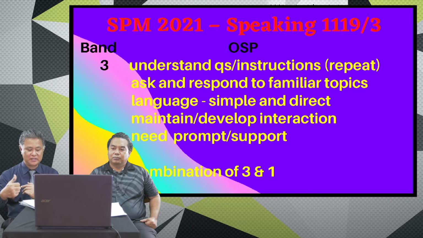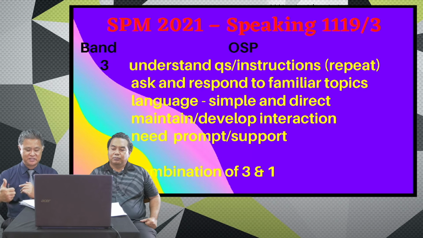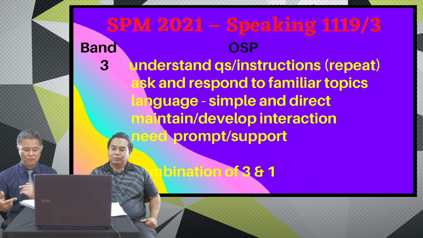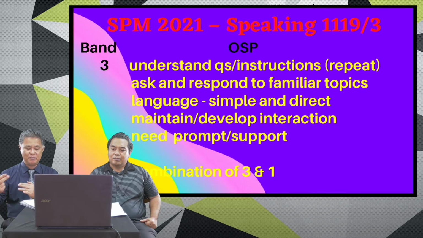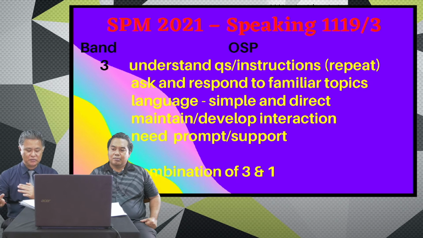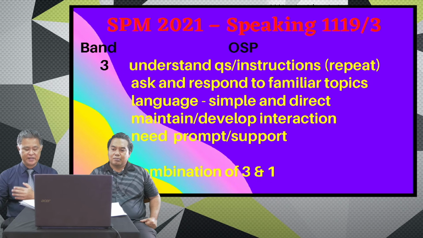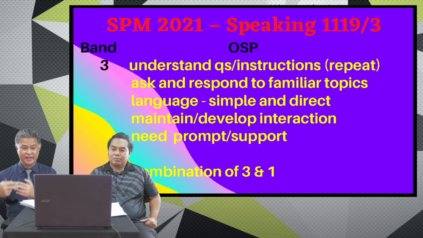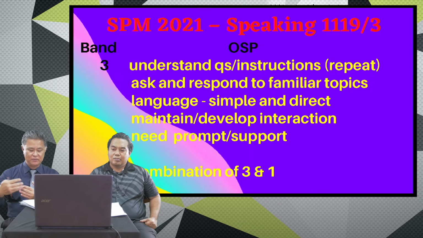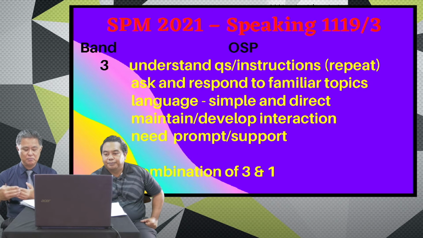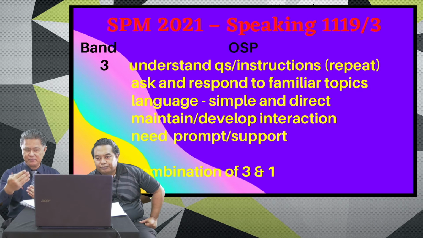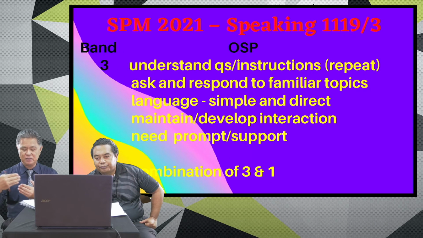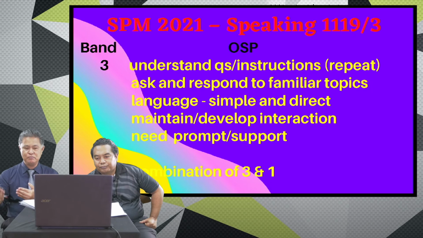For band 6, good stretches of language. For band 5, longer structures of language. But for band 3, they produce simple and direct language. The interaction is maintained and develops, but they need prompts and support. Compared to band 5, who need very little prompts, these students need prompts and support.